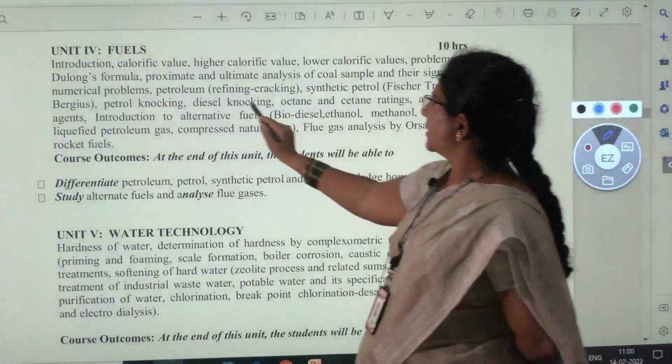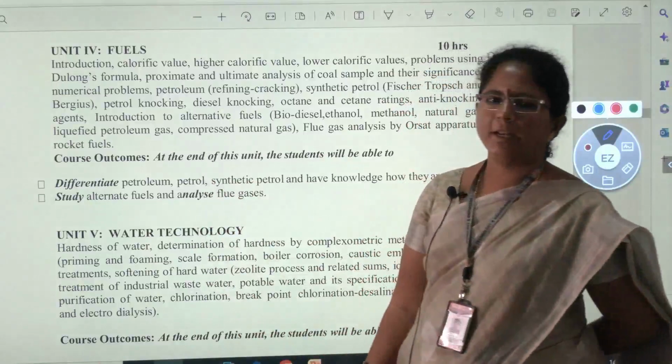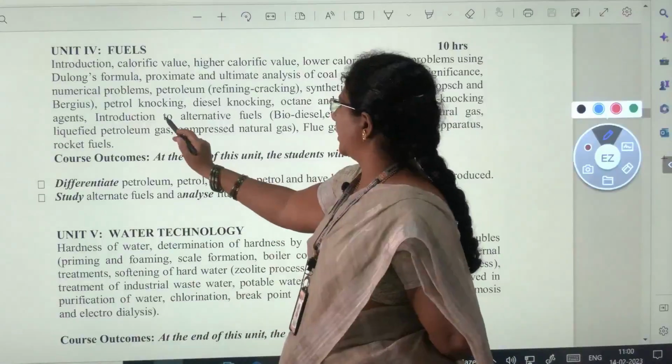After discussing the significance of the proximate analysis and ultimate analysis, we will discuss numerical problems on that.